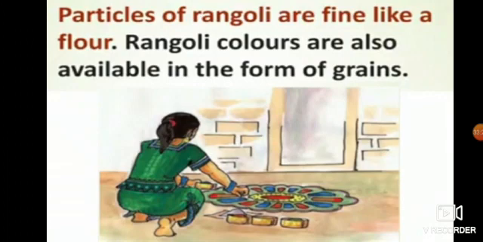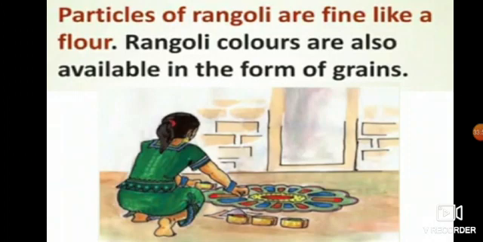So the particles of Rangoli are fine like flour. This means it is like a powder. Rangoli colors are also available in the form of grains. Have you all noticed? Yes. So nowadays we get it in grains also. Earlier it was only in powder, but nowadays we can get it in grains also.